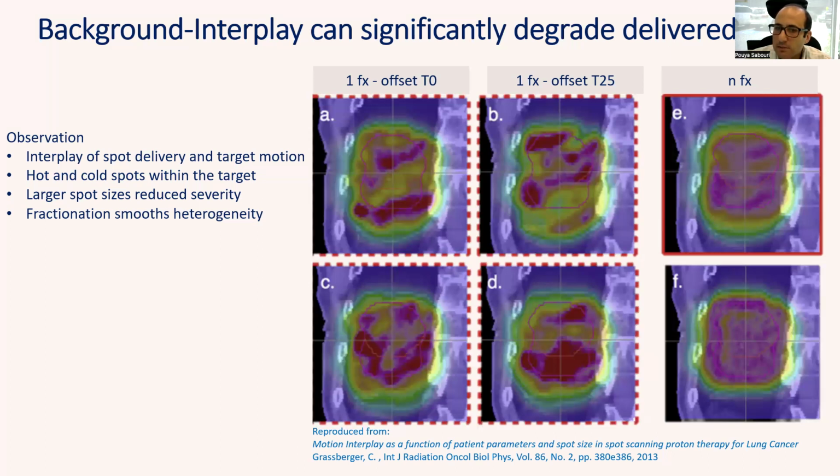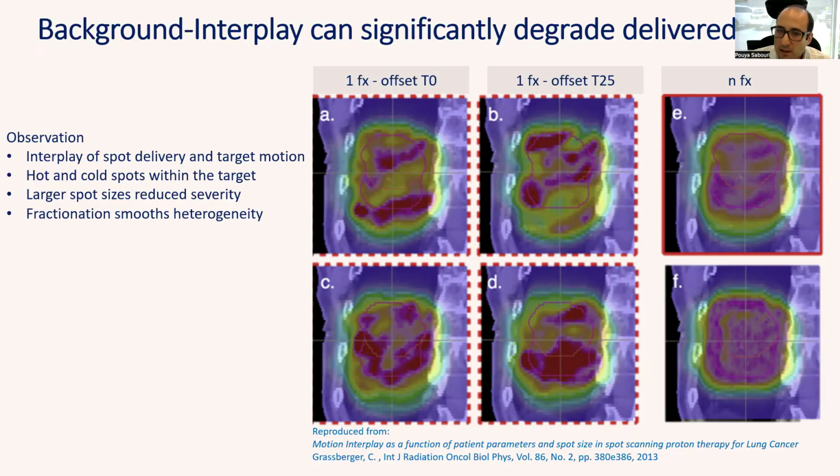The figure that's being shown here is reproduced from their manuscript, and it's a good visual illustration of the degradation in dose uniformity from interplay. So in panels A to D, you can see the dose distribution for single fractions with different starting phases. And you can clearly see the inhomogeneous dose patterns, with both hot and cold spot regions inside the targets due to the phase offsets.